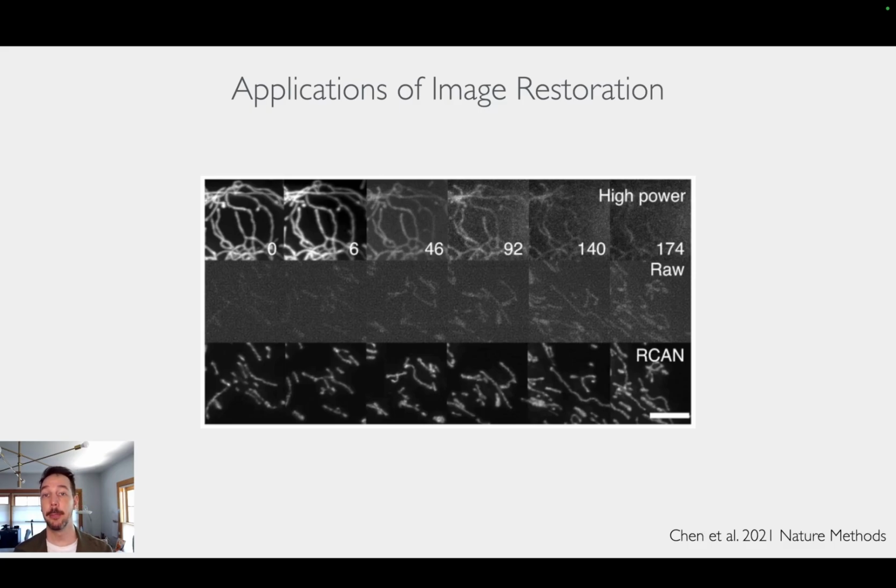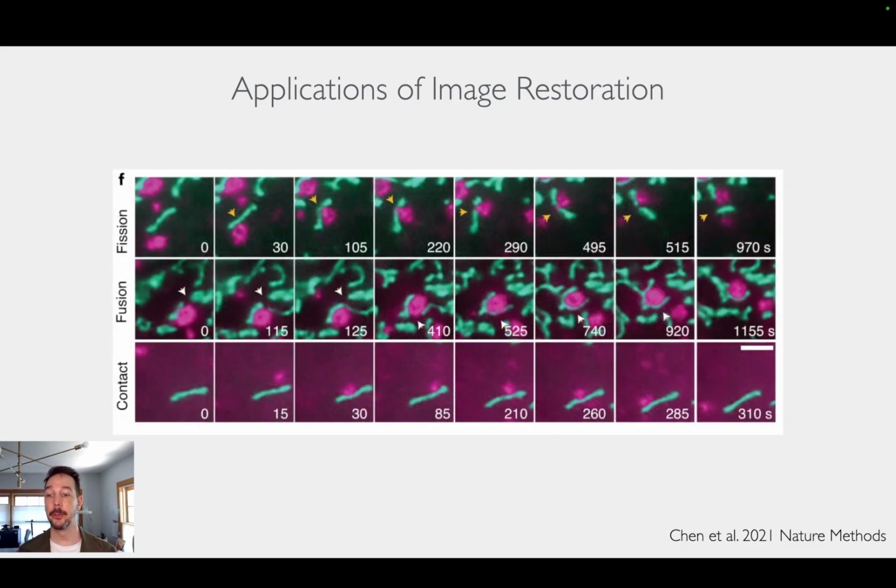So then we can image quickly, but still have images useful for analysis. In this case, we're looking at mitochondria and lysosomes, and by using this technique, they could look at interactions between these endosomes in live cells at a speed where they could detect meaningful changes in dynamics without perturbing these biological dynamic events by using low laser power.